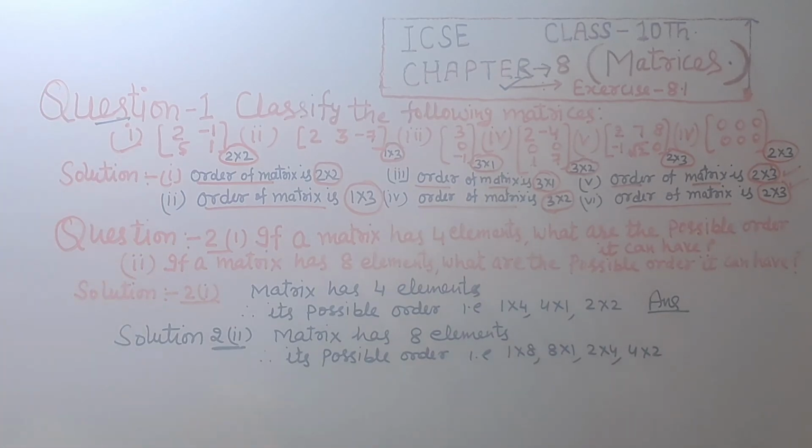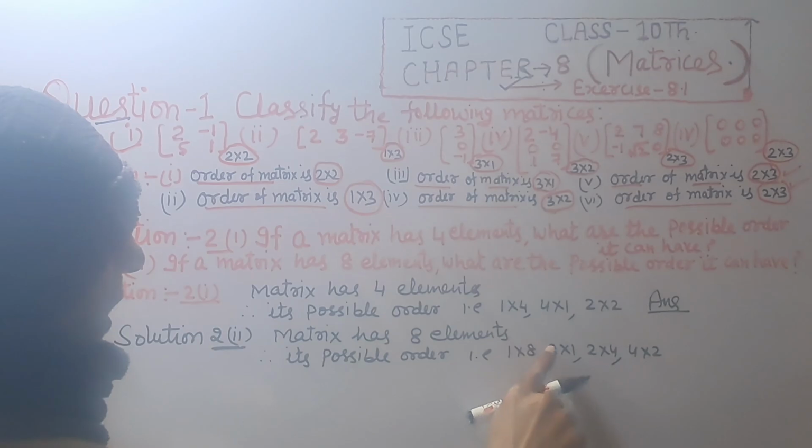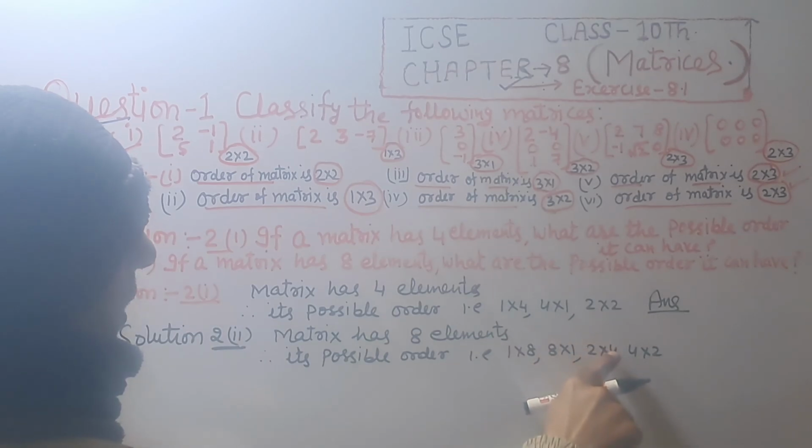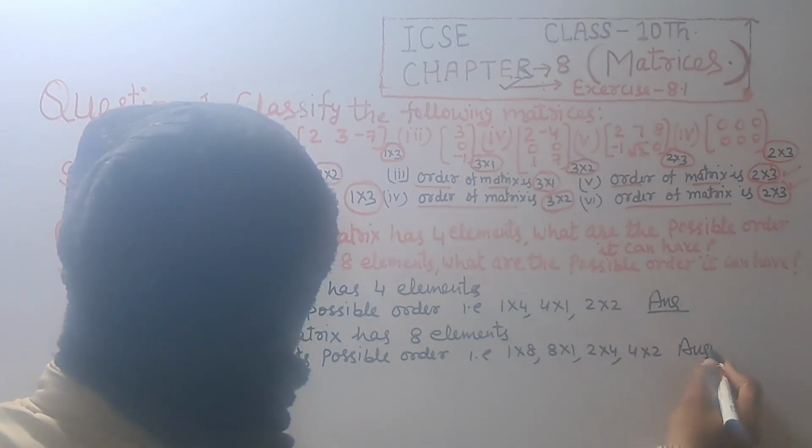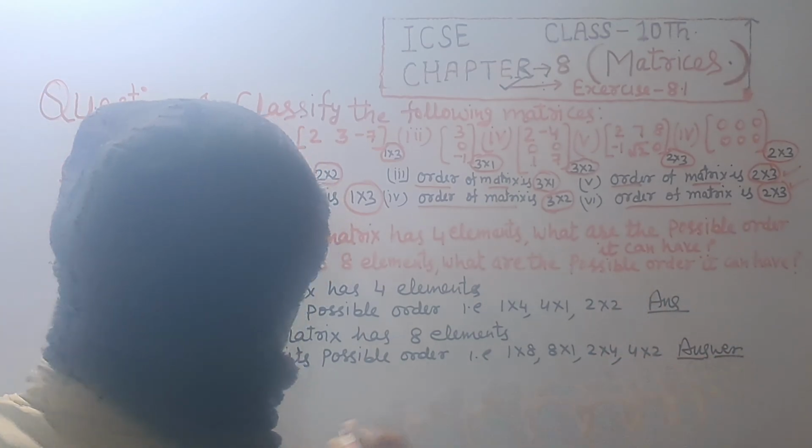Its possible order is 1 multiplied by 8, 8 multiplied by 1, 2 multiplied by 4, and 4 multiplied by 2. Answer.